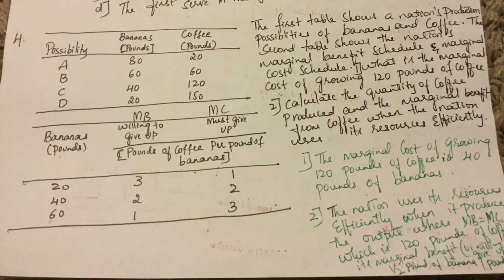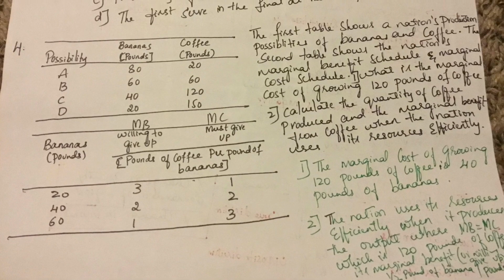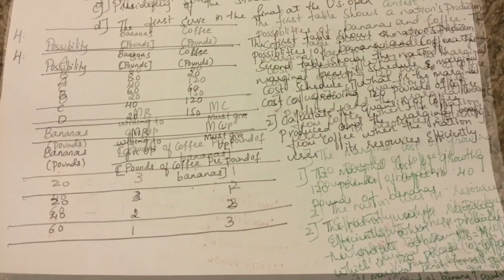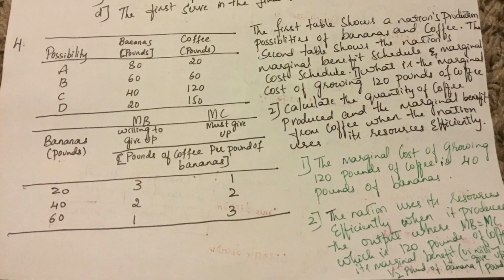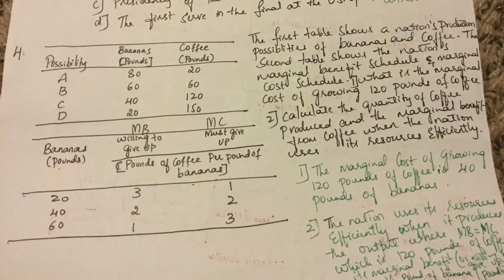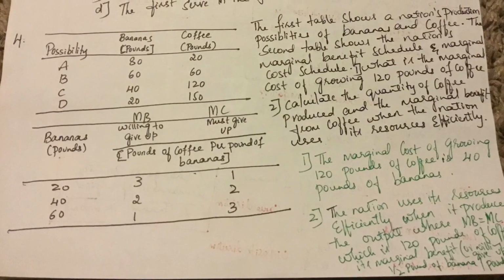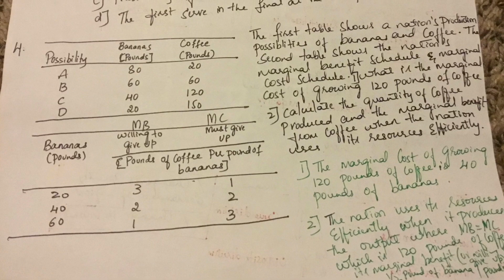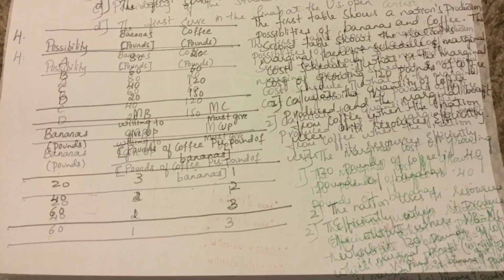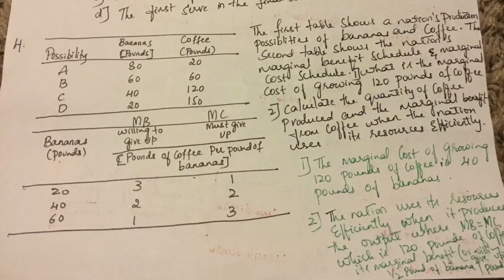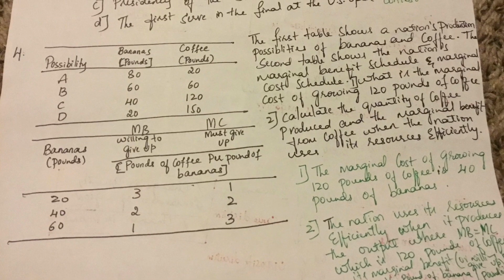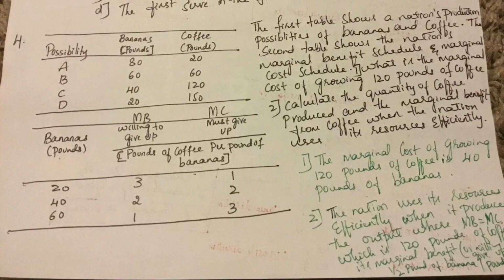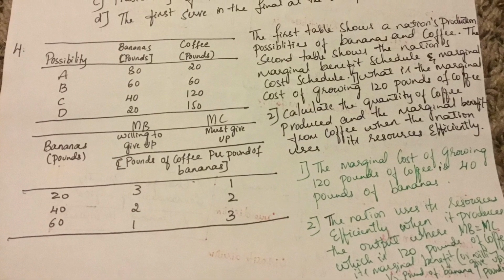The second table gives the marginal benefit and marginal cost in terms of bananas, that is the pounds of coffee per pound of bananas. The reciprocal of this gives us the marginal benefit and marginal cost in terms of coffee. The marginal benefit of coffee is what the nation is willing to give up, which is half a pound of bananas for every pound of coffee.